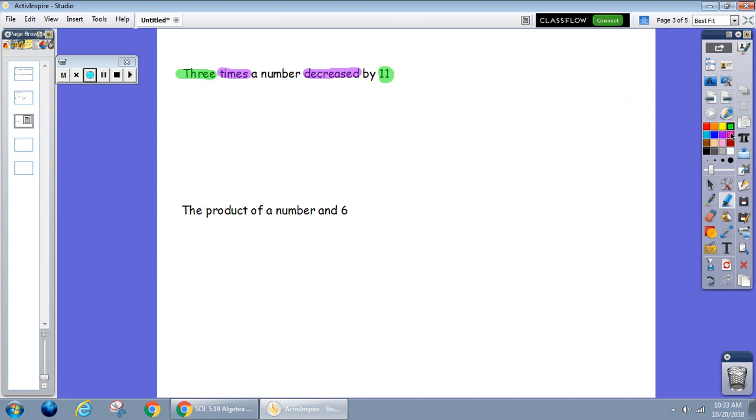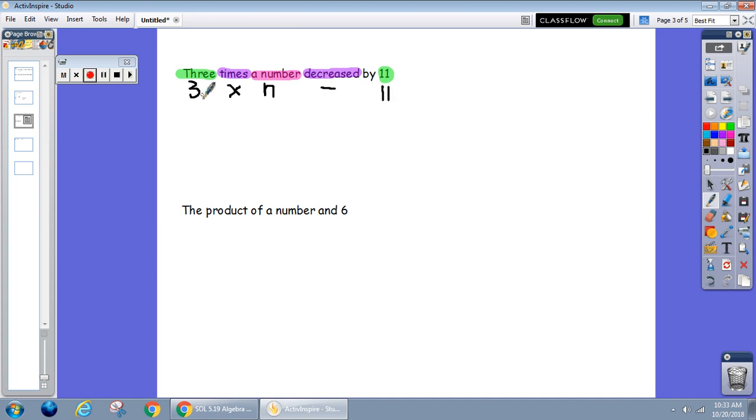Everyone makes mistakes. And variable is just a number. All right, so let's get our pen out. I have 3 times, means multiply, a number. How do I decrease? By subtracting. And then my constant, 11.